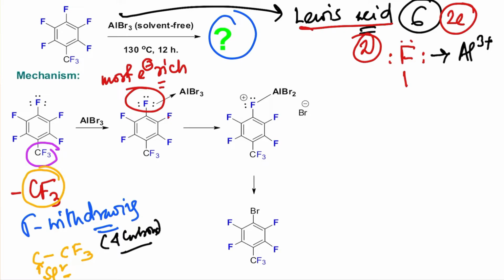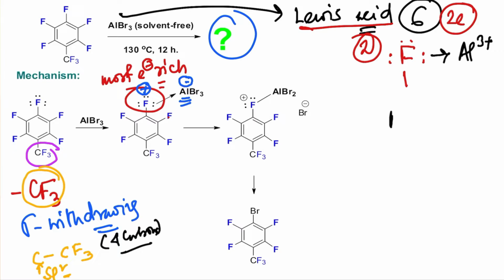Now after that what it produces, it produces an adduct. Adduct means in this case fluorine is having a partial positive charge after adduct formation, and this AlBr3 having a formal negative charge, meaning fluorine having a formal positive charge, AlBr3 a formal negative charge. Now after that what it can do, this AlBr3 can remove or leave 1 bromine atom.